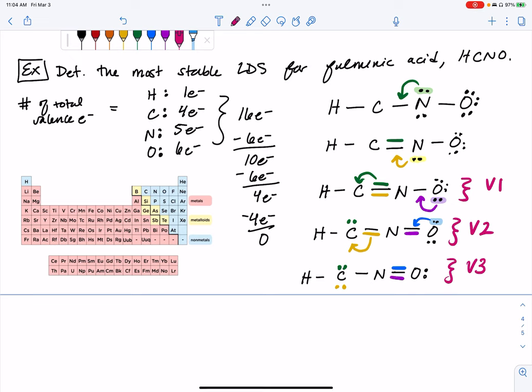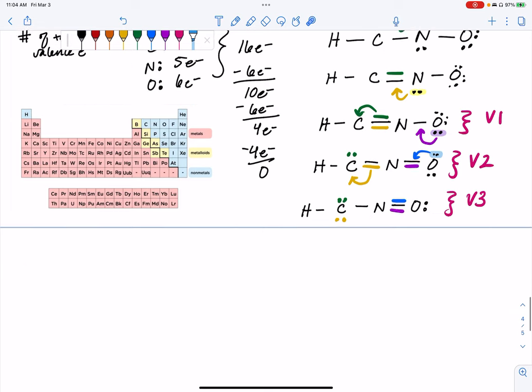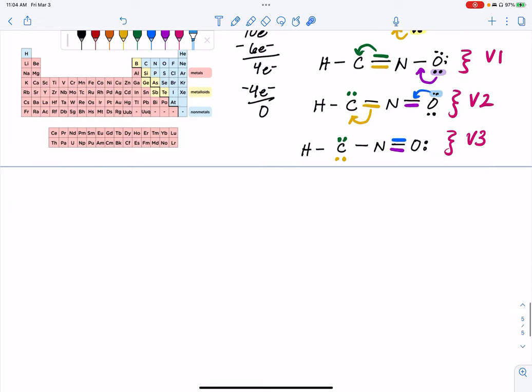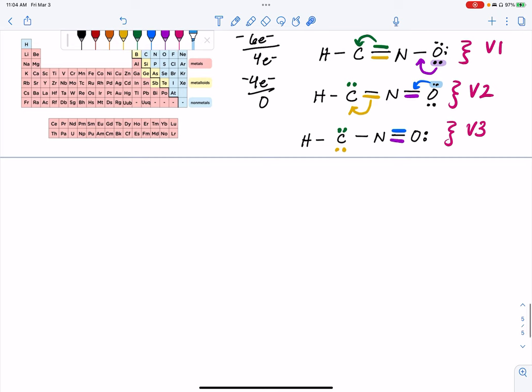Now, if I were to try to continue, like if I were to try to add this here, I would have to displace electrons here, which would displace electrons here, which would displace electrons onto hydrogen, which can't accept them. So I've run out of options. You can keep trying, trial and error, but you'll quickly find that none of those give you any octets, or they break the duet.